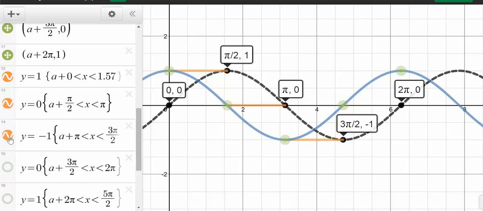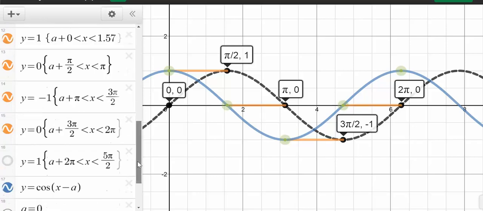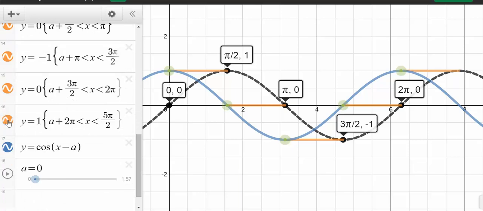Now, check this out. The point I'm trying to make is that the cosine curve and the sine curve are exactly the same, except they are a phase shift out by how much? By pi over 2. Now watch this.